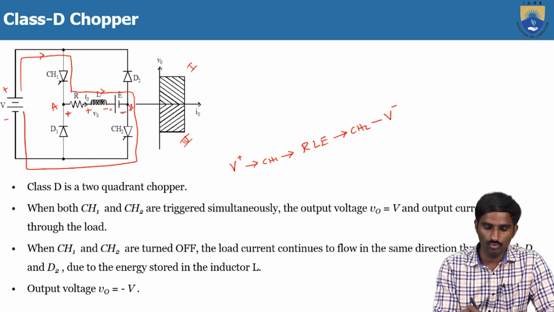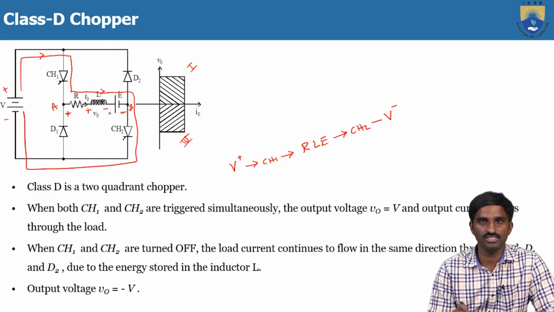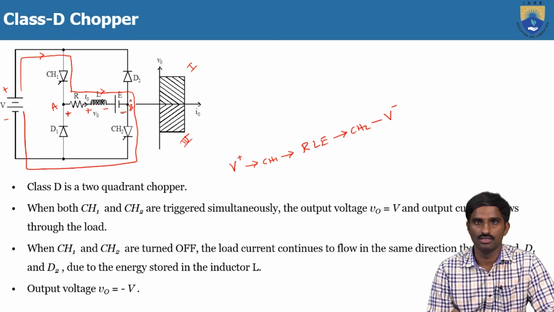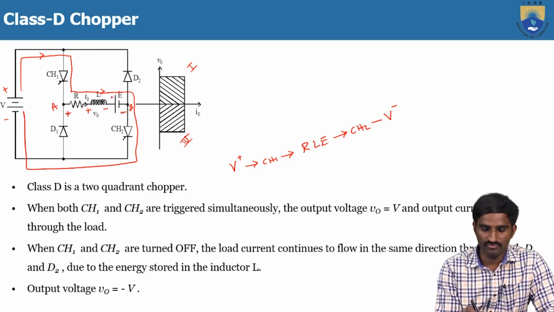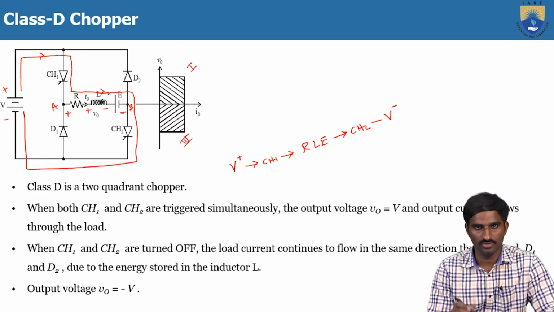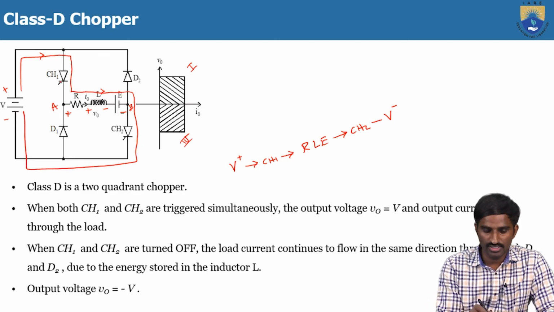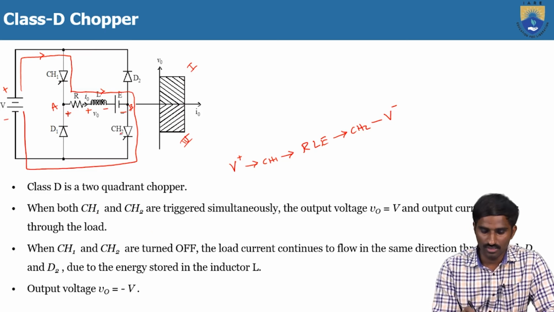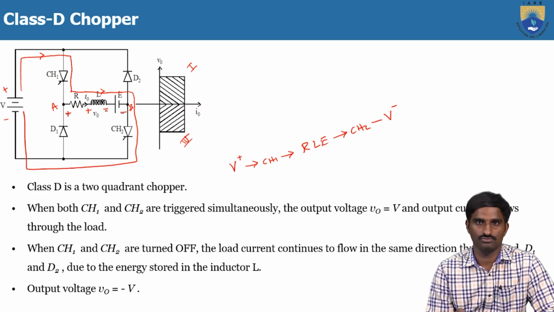That's why the output voltage V0 across the load also has polarities plus and minus, and the direction of the current is from A to B. Let me consider the direction of current from A to B as the positive, or reference, current direction. So when CH1 and CH2 operate, both the current and voltage are positive.